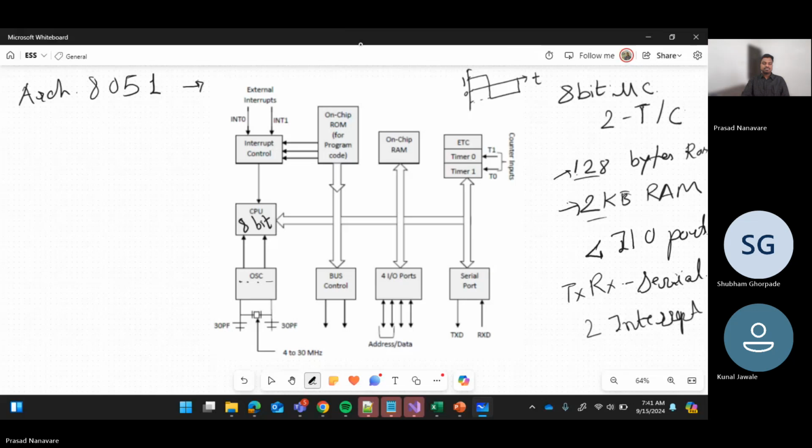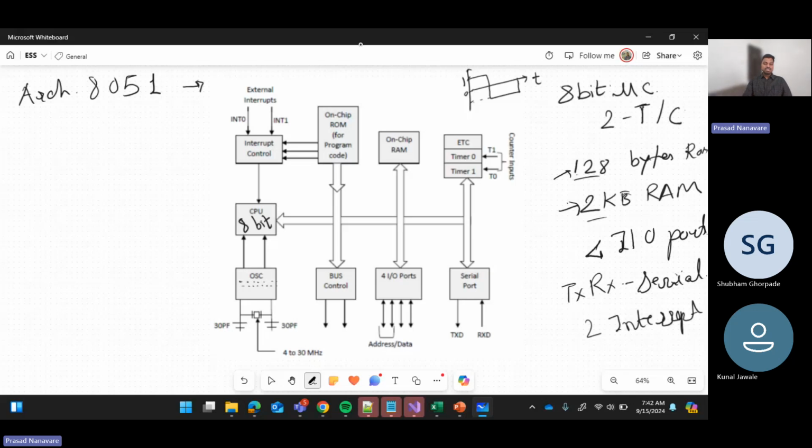Now, since you guys are not from electronics, I will give you a little background of how it works. You can see there is a piezoelectric crystal over here. This crystal is generating vibrations at a constant resonant frequency.